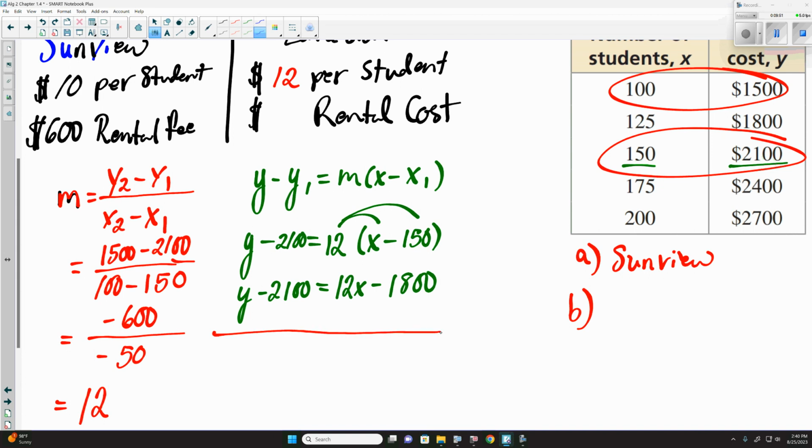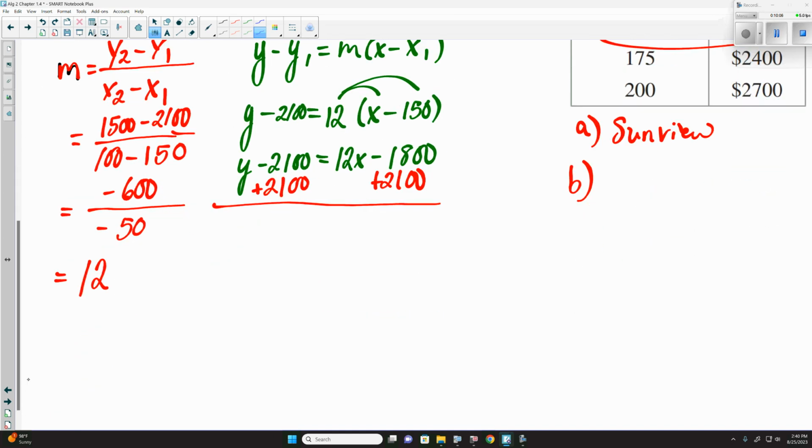So we have the distributive property simplified. Now the last thing we need to do is get y by itself. Adding 2,100 to both sides will get y by itself. It'll tell us that y is equal to 12x plus 300.